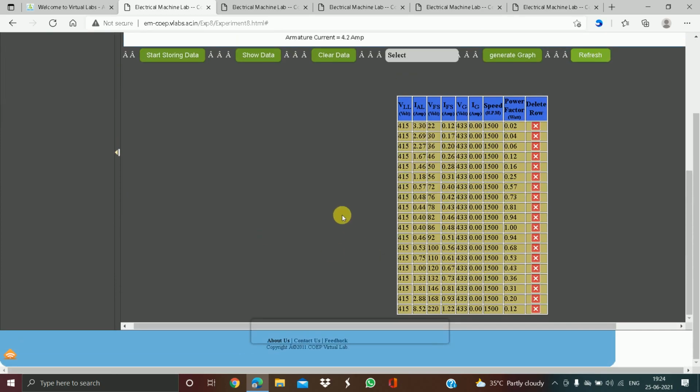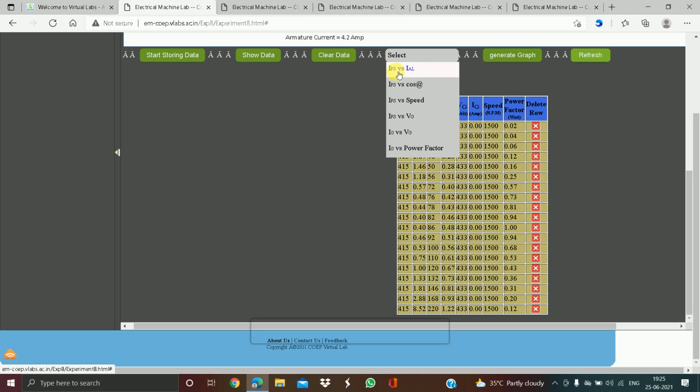Now we are going to generate the graph for the V curve. The V curve is drawn between the field current and the armature current. IFS is the field current and IAL is the armature current.